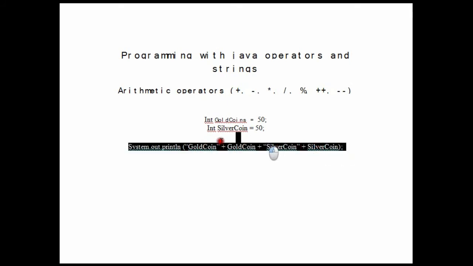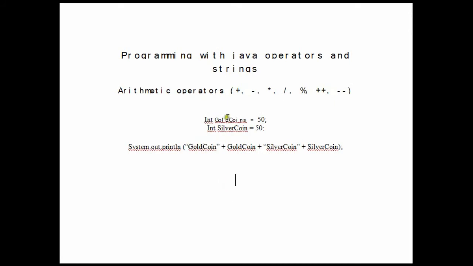So the first thing we've got is gold coins. As you can see, I've got it in between double quotes. So this would be printed out as a string and not the value within the variable here. So 50 wouldn't be printed here. It would just print out a string that says gold coins.